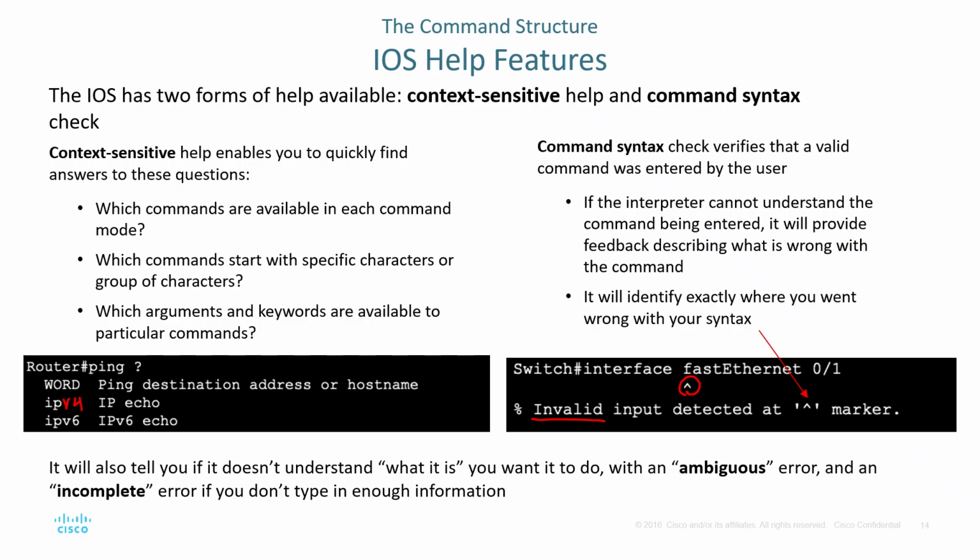Most likely when you type in an interface, and you get this error, it could be one of 2 things. You could be in the wrong mode. Here I'm in privilege mode. Do I need to be in global? Or it could mean that my device doesn't have this interface.